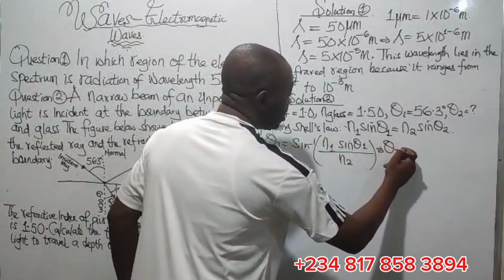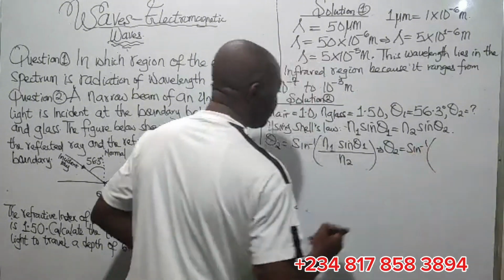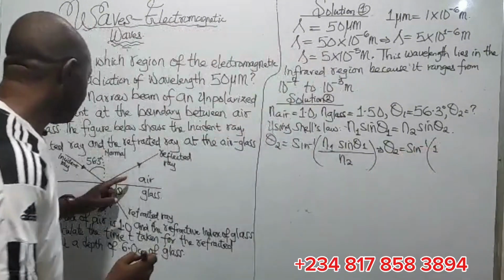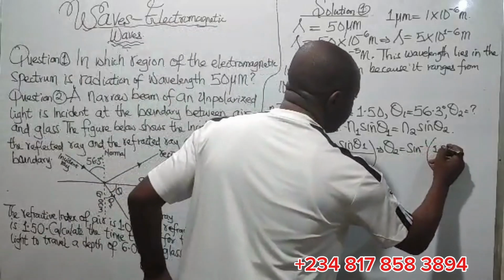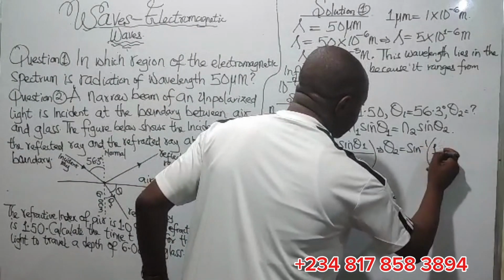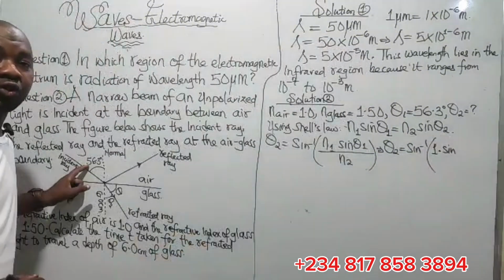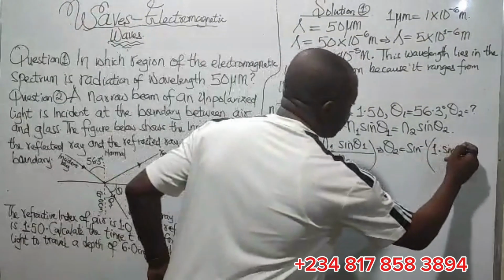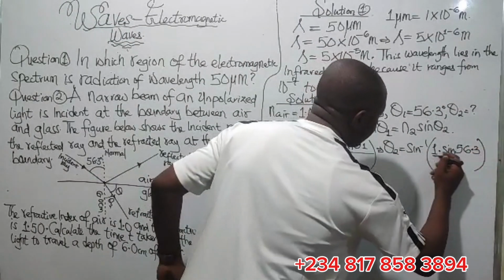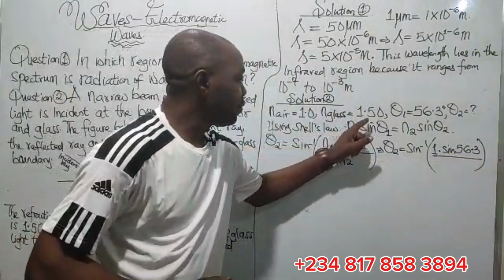So θ2 will be equal to the inverse sine of, now n1 is air. Remember, the first medium is air. Multiply by the sine of the angle which the incident ray makes with the normal, which is 56.3, divided by the refractive index of the glass.